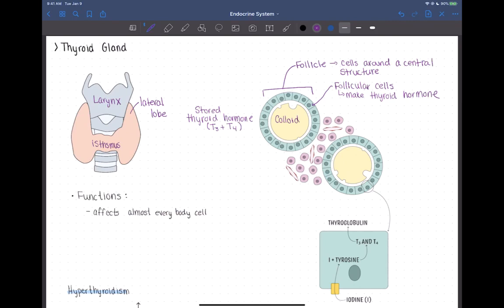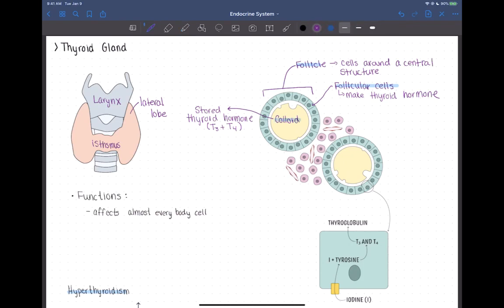Okay, so these are the 2 thyroid hormones, so T3 and T4. So colloid is stored thyroid hormone. So the thyroid gland is unique among other glands because it actually makes hormone and stores it. Not a lot of other endocrine glands actually have like a stored kind of reservoir of hormone, right? But the thyroid gland does. Okay, so we have our follicle and our follicular cells. And we have our colloid.